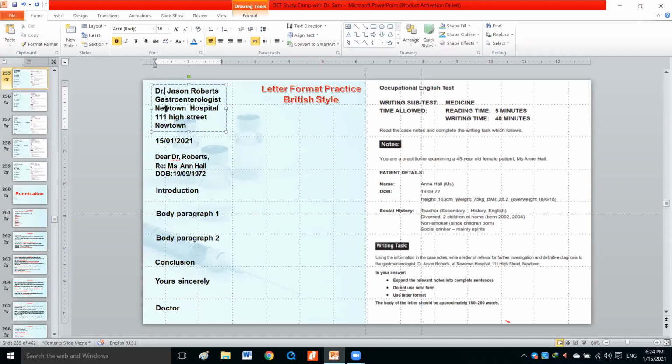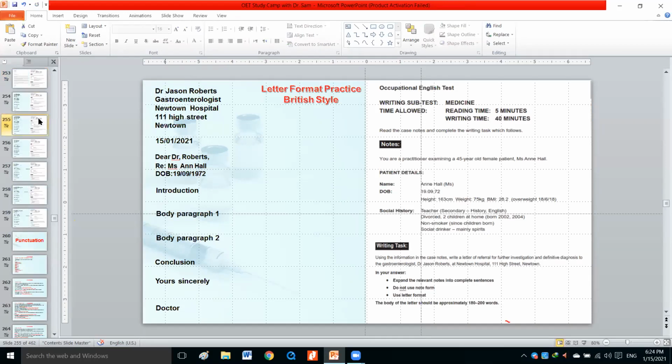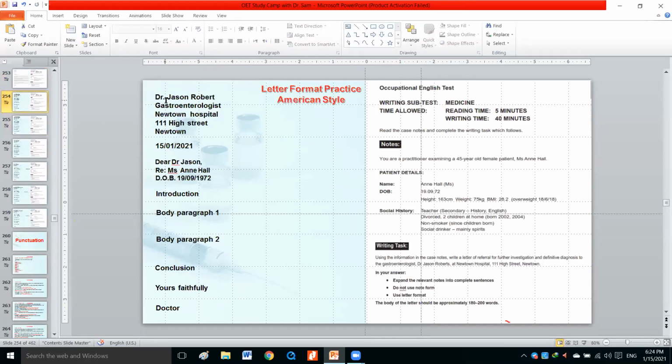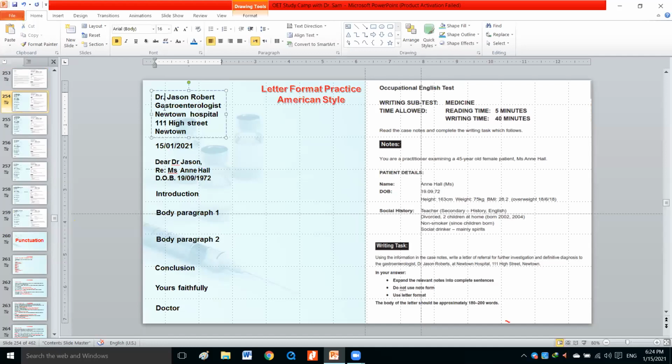First of all, we have to remove this period, Jason Roberts. Gastroenterologist, is it correct? Yes.